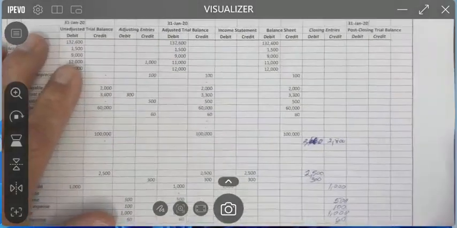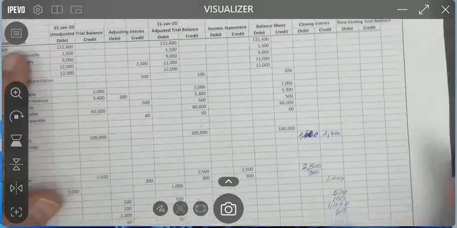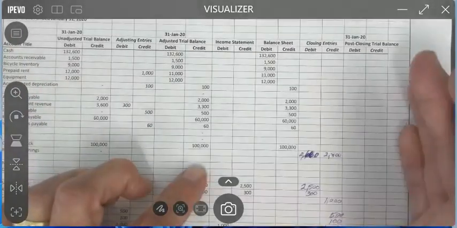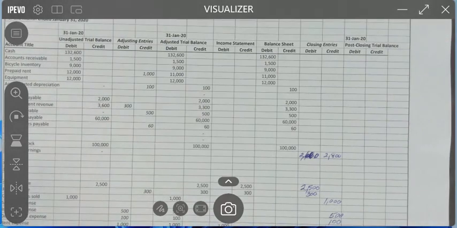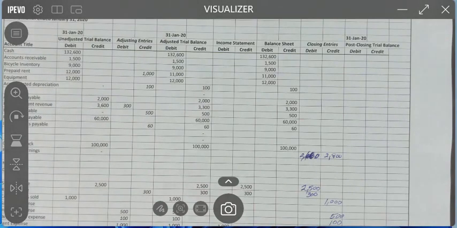So in the post-closing trial balance, and indeed, we're just going to add these across, but they're also going to agree with the general ledger balances. Let's just show one of them.